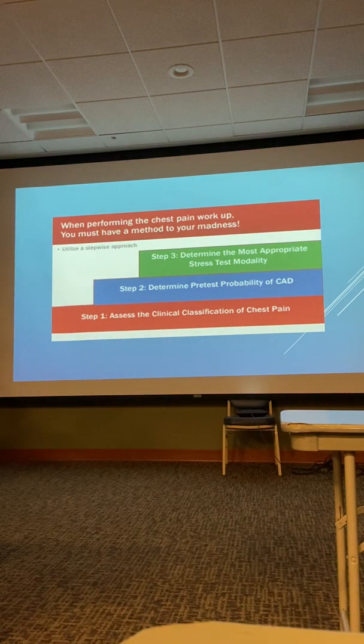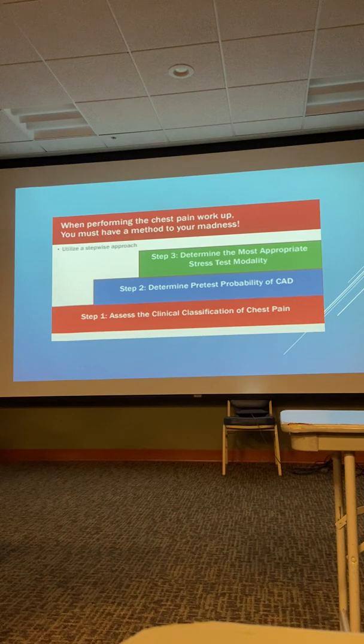And when performing this chest pain workup, we have to have a method to what we're doing. Step one is to assess what the chest pain is about, and part of that is determining the pretest probability of coronary disease. I talk about this a little bit in this talk, and for me that's an important discussion point. What is the likelihood that someone has coronary disease when you're doing treadmill testing?